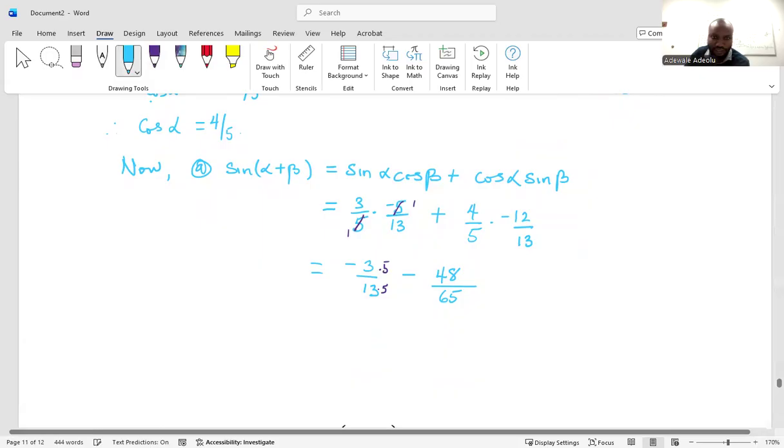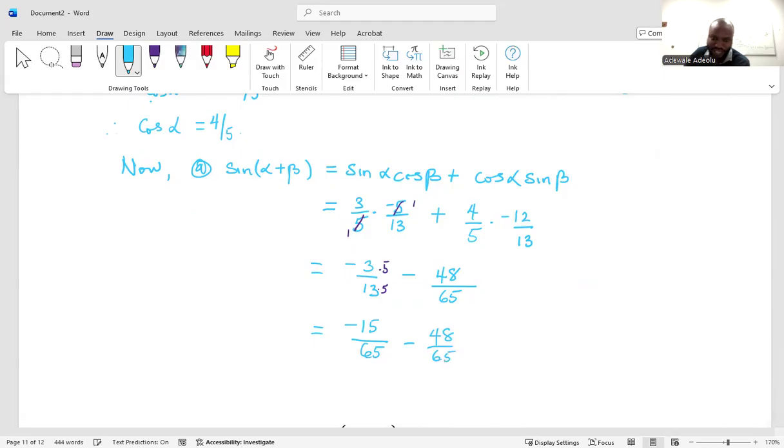So in the end, I would have minus 15 is the same thing. Okay, go back to over 65 minus 48 over 65. And we have negative 63, I believe, over 65. So if the arithmetic there is correct, then that should be the answer.